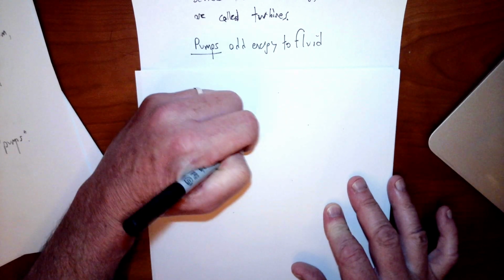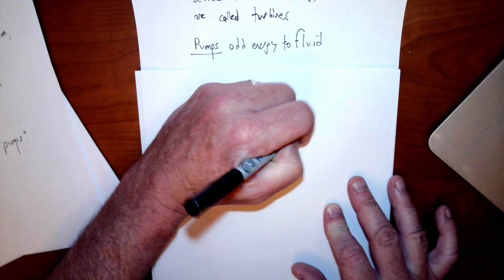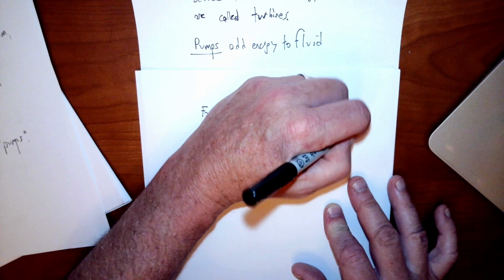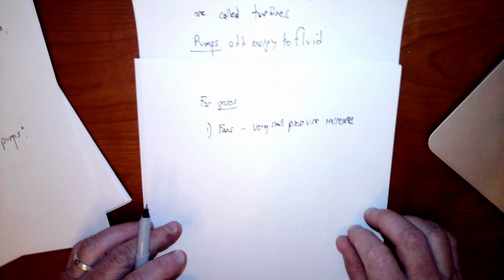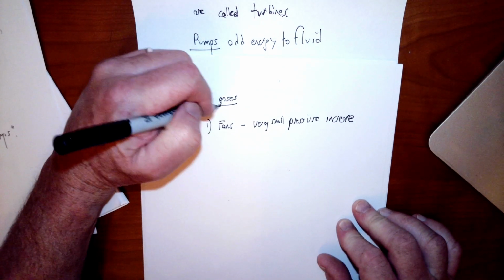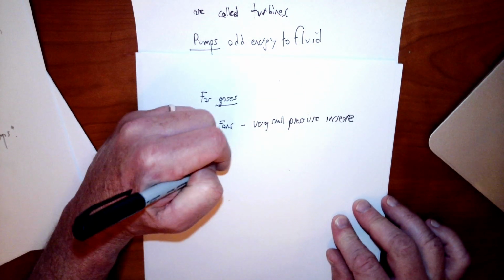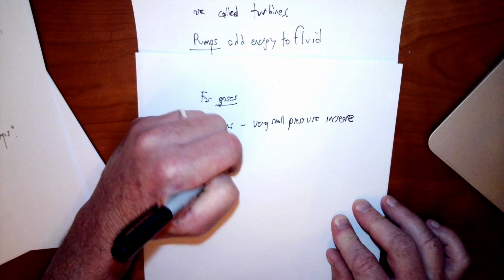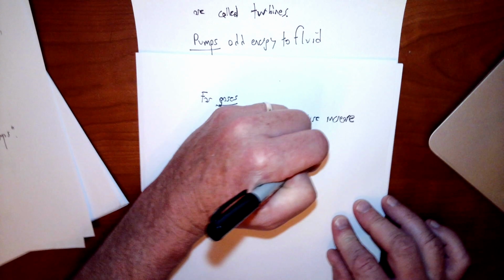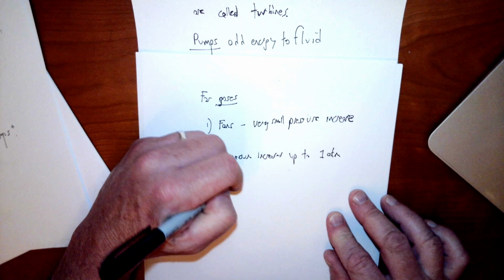We have fans, and what characterizes a fan is a very small pressure increase. When there's almost no pressure increase, you're really just moving the air without increasing its pressure. We call that a fan. You know this when you turn on the fan in your house, the pressure isn't significantly different. The air just starts to move. If we have a larger pressure increase, up to 1 atmosphere of increased pressure, those are generally called blowers.